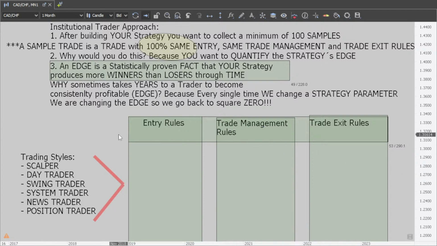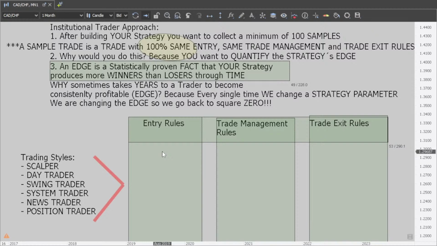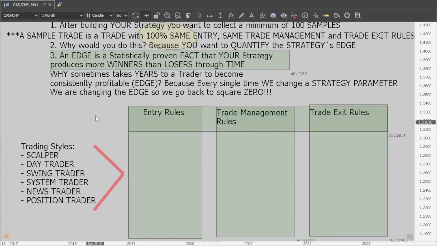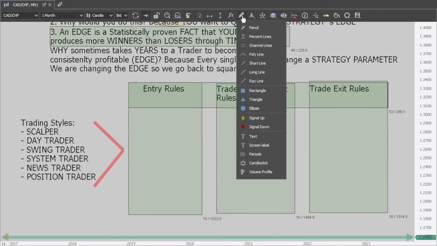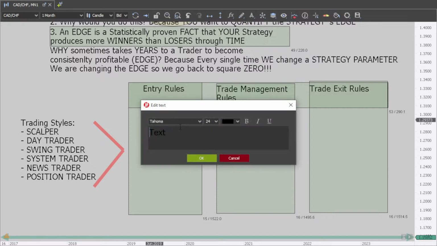Okay, so let's talk about entry rules, everybody. Type in the chat how you want to enter into a market. What have we learned? We learned about timing.